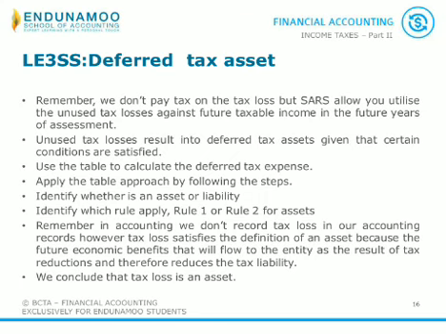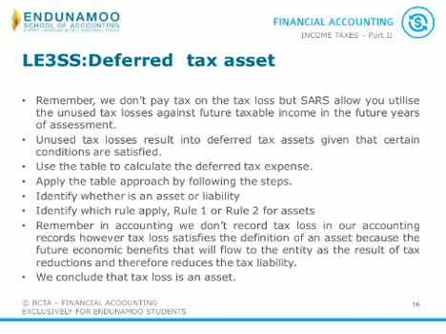Okay, so now let's do a quick recap. Remember, we don't pay tax on the tax loss, but SARS allows you to utilize the unused tax losses against future taxable income in future years of assessment. So basically, this is the principle that we've been trying to explain: you've made a loss in the current year, obviously there's no current tax expense that you can recognize, but you're now sitting with a tax loss.